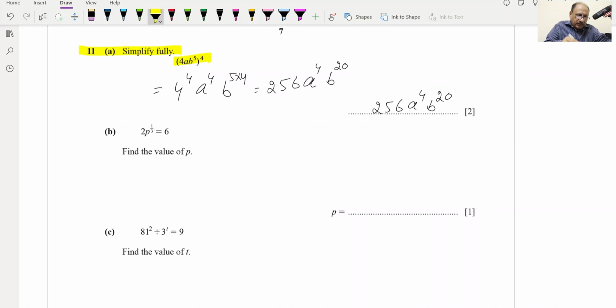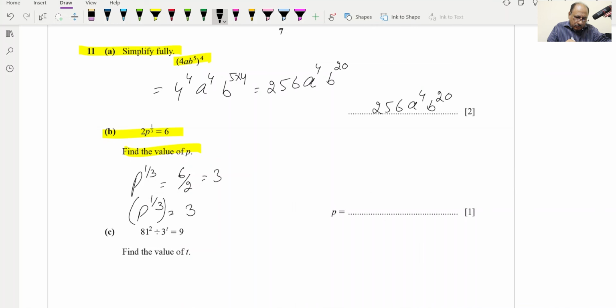Now b part says this one is equal to 6. Find the value of p. So now what we can do, we can shift first of all 2 to other side. So p raised by 1 by 3 is equal to 6 over 2, which is equal to 3. Now we can write as p raised by 1 over 3 is equal to 3.